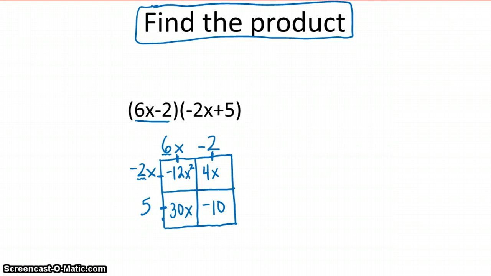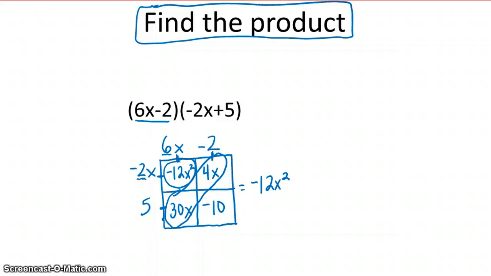So once you get your 4 boxes filled in, as we talked about from there, it becomes combining like terms. Well, the upper left-hand corner is the only x squared term, so I have negative 12x squared. And then I look for all the x's to the first power, and it's not a coincidence that they happen along the diagonal. So we're always adding the diagonal together.